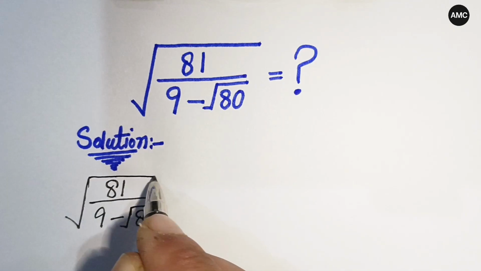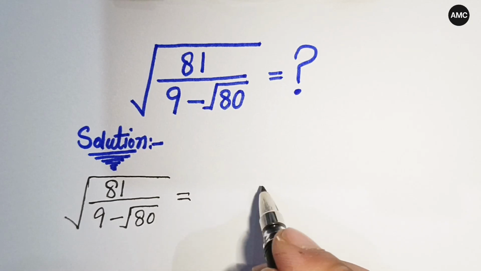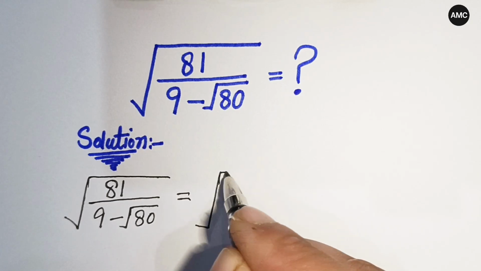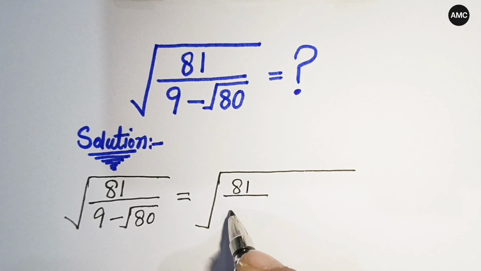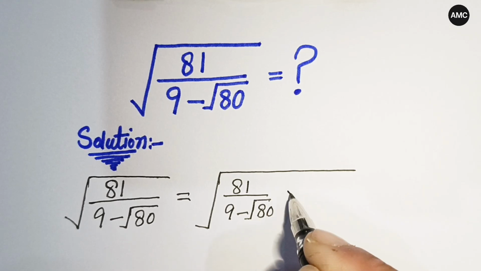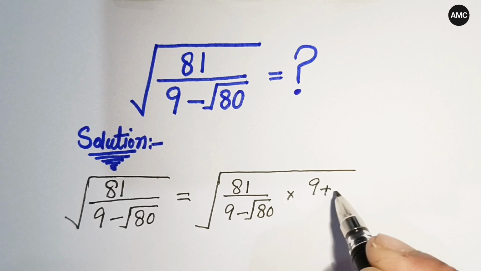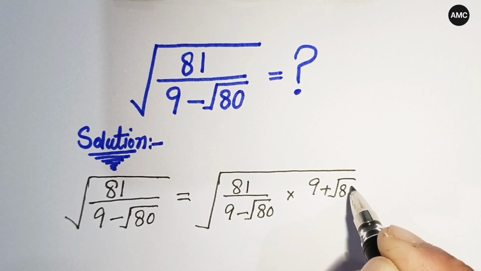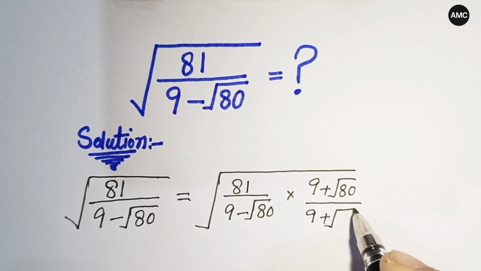that is equal to, here we have the square root of 81 over 9 minus square root of 80, multiplied by the conjugate of this denominator, which is 9 plus square root of 80 over 9 plus square root of 80.